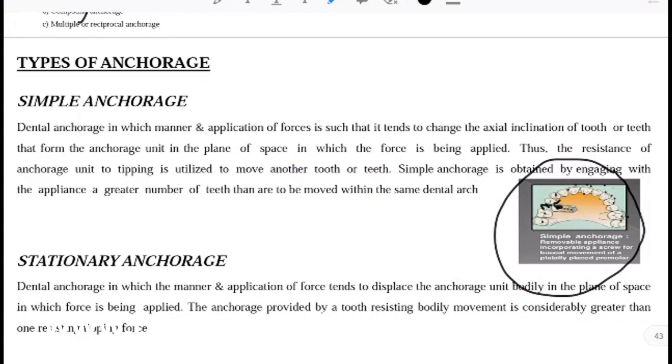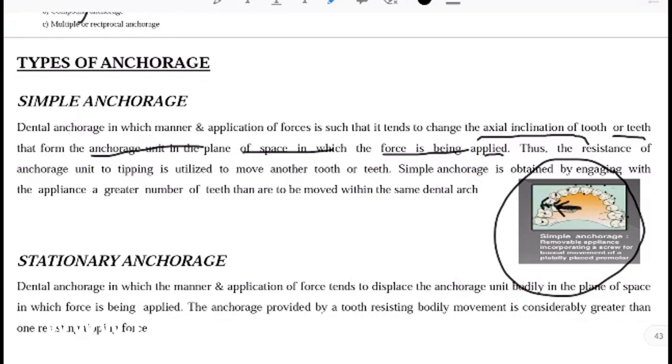So what is simple anchorage? Dental anchorage in which the manner and application of forces is such that it tends to change the axial inclination of the tooth or teeth that form the anchorage unit, in a plane of space in which the force is being applied. So this is how the force is applied. You want to pull this premolar in a buccal direction.